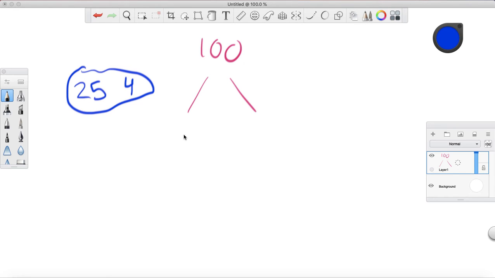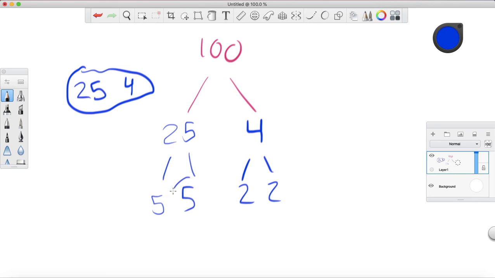This is the last one. Also, in the first one, I forgot to add 10 and 10. Oops, 25 and 4. Let's look at this one. 4 goes in 2 and 2. And 25 goes in 5 and 5. And that's pretty much it.